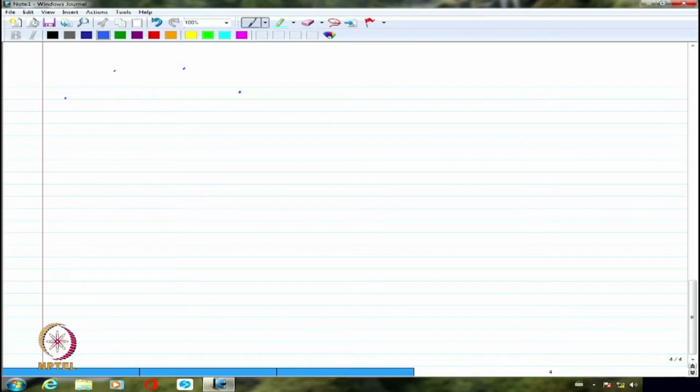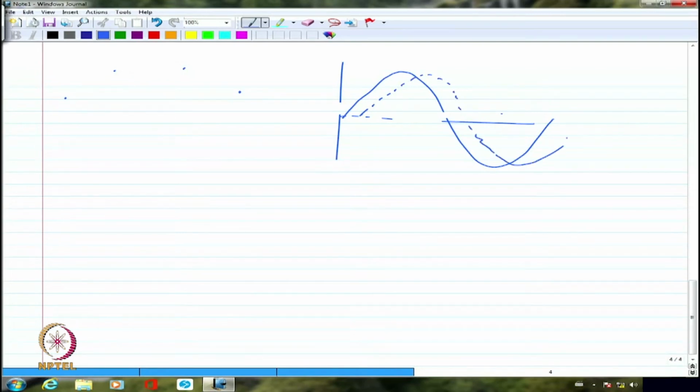If I plot each of them, one of them has a value like this, the second has a value delayed from the first like this, and the third is again delayed from the second like this.